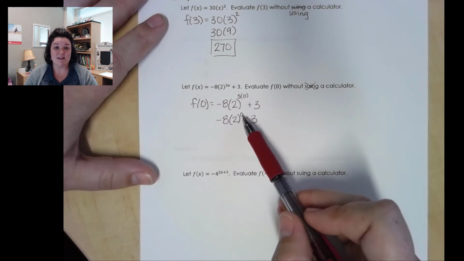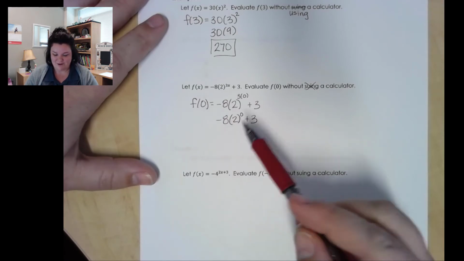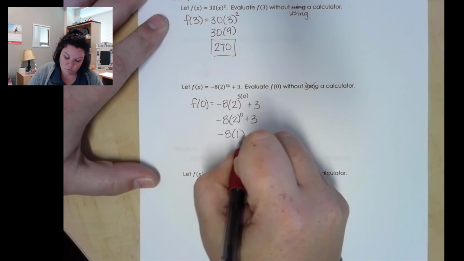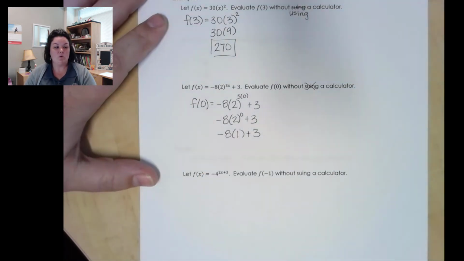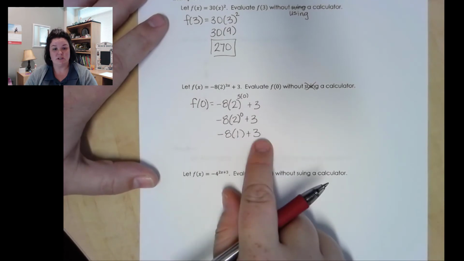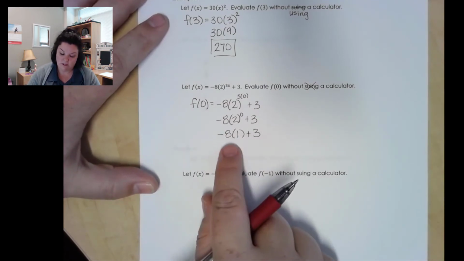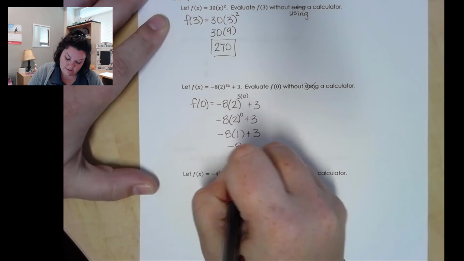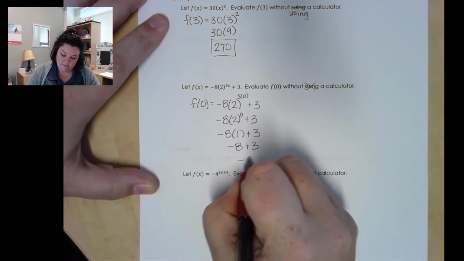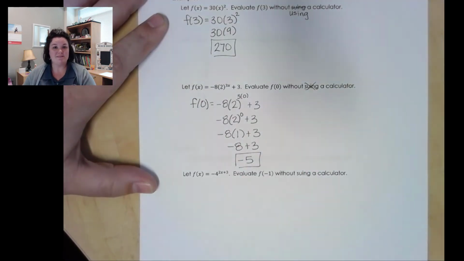Any number raised to the 0 power is 1, right? So this gives us negative 8 times 2 to the 0 power, which becomes 1. And then order of operations tells us to do multiplication before addition. So we're going to do negative 8 times 1, which is negative 8, and then add 3 to it. Negative 8 and 3 leaves me with negative 5. So we just leave it like that.